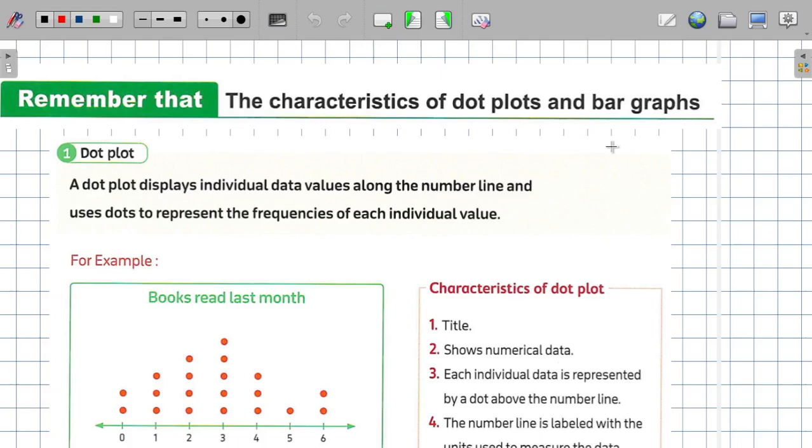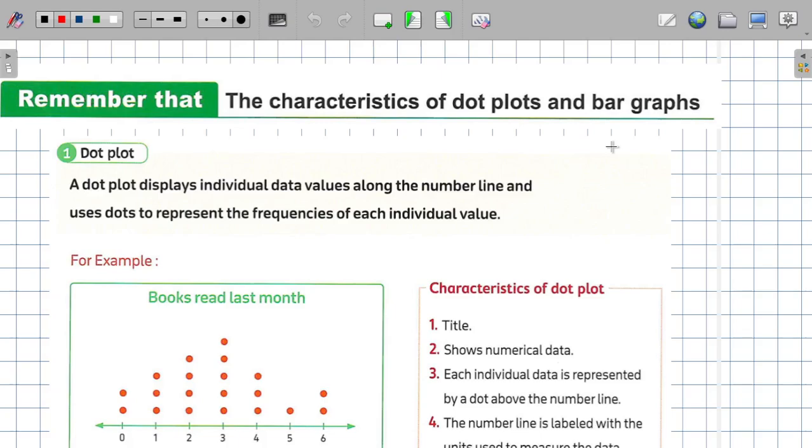The dot plot displays individual data values along the number line and uses dots to represent the frequencies of each individual value.